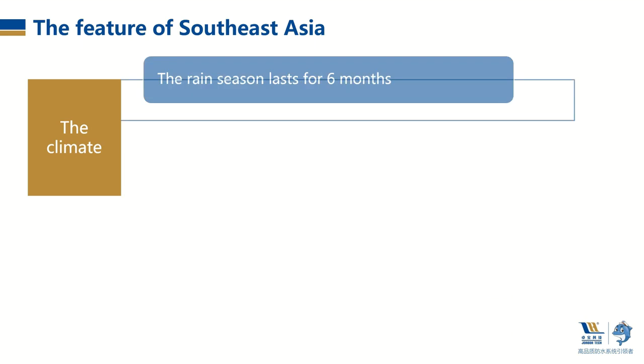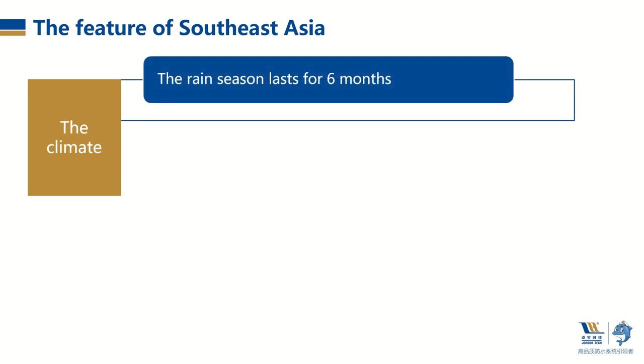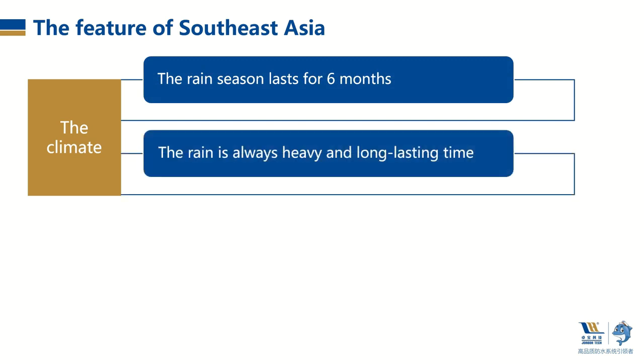First is the climate. As we know, in most Southeast Asian countries, the rainy season can last over 6 months, and the rain is always heavy and long-lasting. In such conditions, some traditional waterproofing methods, such as the torch-on method, can hardly be done.